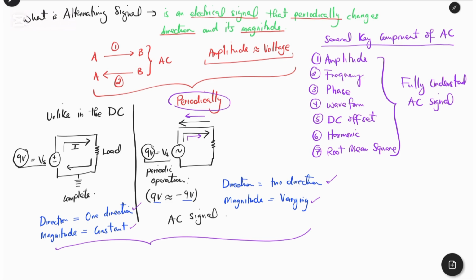When you understand this simple explanation, now we will use the AC to understand all of these key components of the AC signal. So after this video, you will be able to appreciate what is the AC signal.